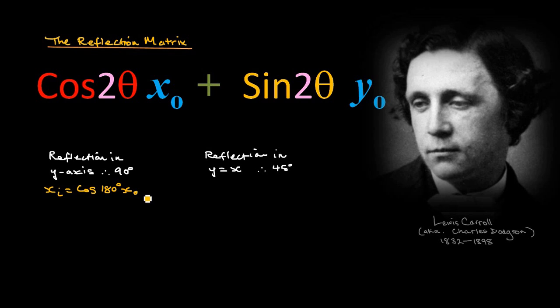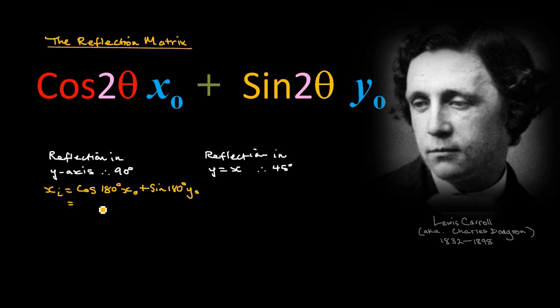To that we need to add the sine of double 90, so the sine of 180, multiplying the y coordinate of the object. Now, what does that all boil down to? The x coordinate of the image equals, well, what's the cosine of 180?